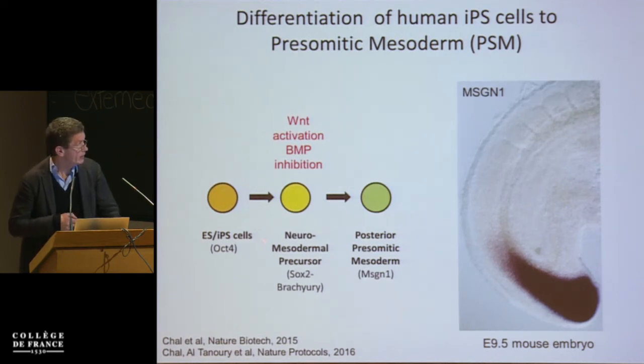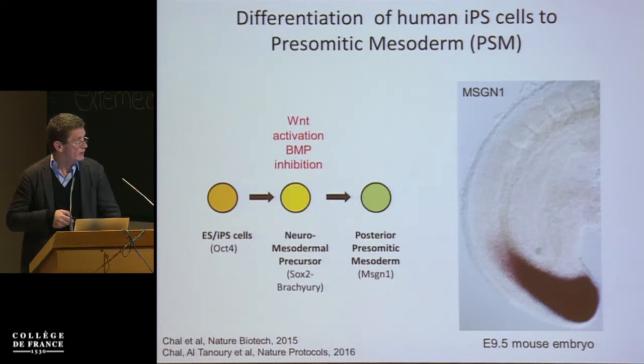So anyhow, we had shown that if we take pluripotent stem cells, such as embryonic stem cells or iPS cells, we treat them with a Wnt activator and a BMP inhibitor, they show characteristics of these neuromesodermal precursor cells and eventually become posterior presomitic mesoderm.